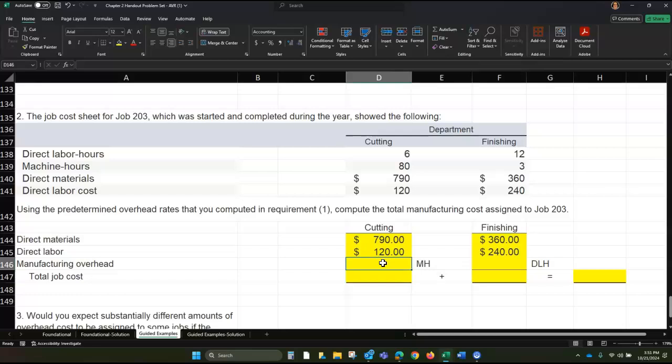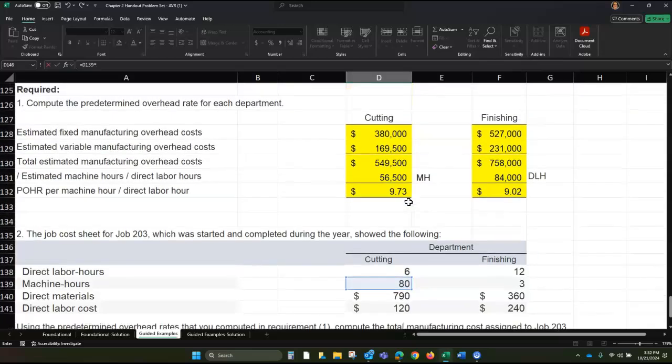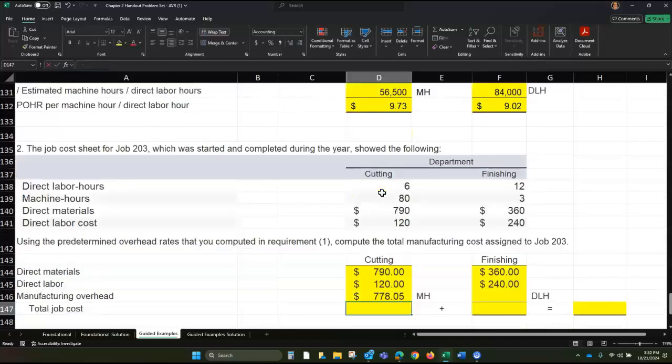So for our manufacturing overhead based on machine hours, we're going to pick up our machine hours times our $9.73 that we just calculated. Over in finishing, what's our driver? Labor.